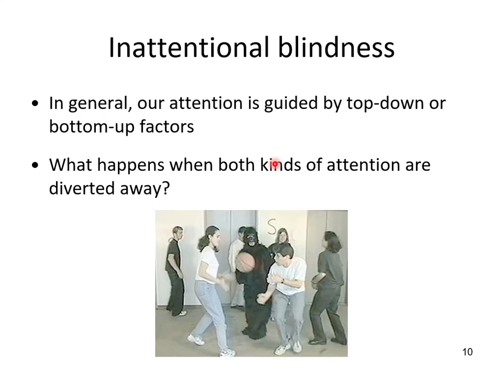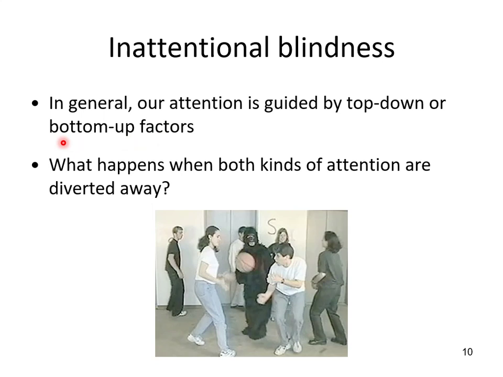Yeah, we are not aware of the gorilla because the task asks us to focus on the white team, and so the black color goes unattended, and therefore it's more difficult to find the gorilla. But if I ask you to count the ball passes by the black team, then very probably you will notice the gorilla. Why? Because the gorilla is black and you are attending to the black color, right? So this is relevant to top-down attention, right?